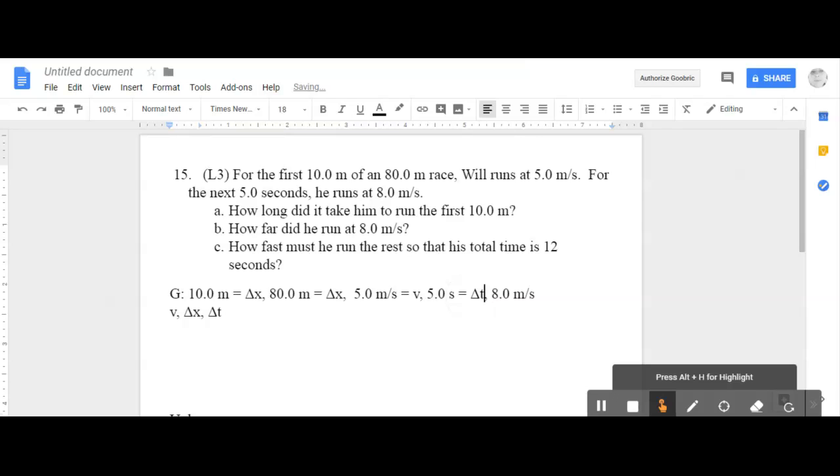And then 8.0 meters per second, again, is a velocity. So you can tell I have multiple delta x's, a couple of v's, and a delta t.